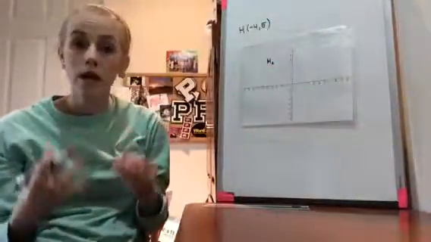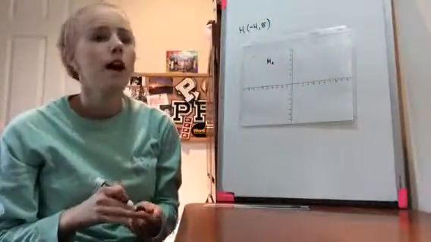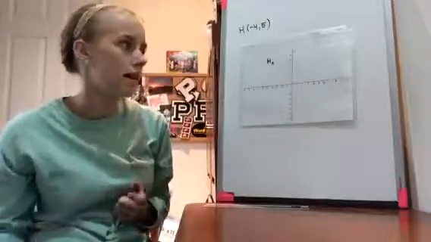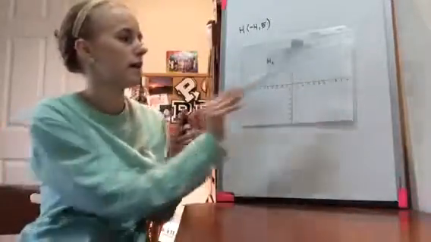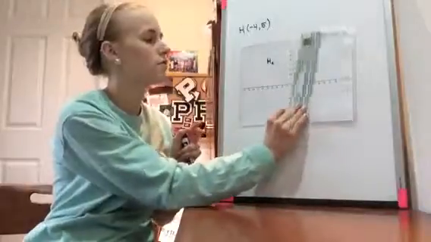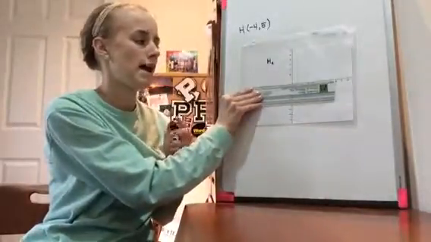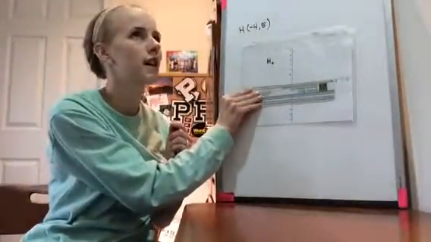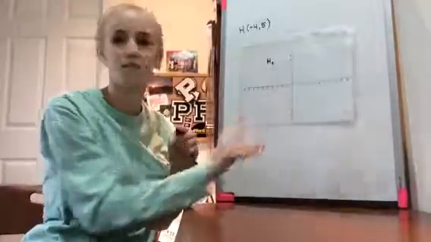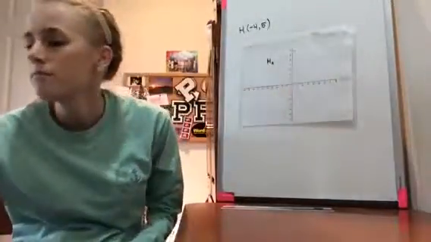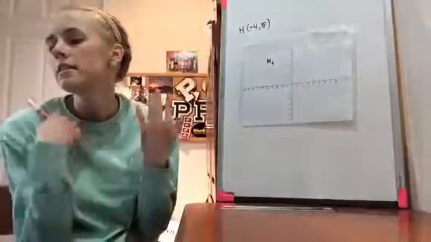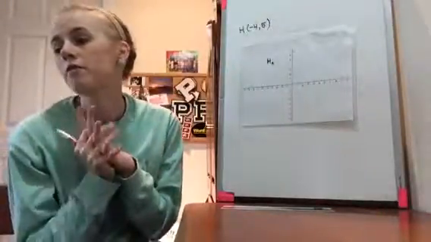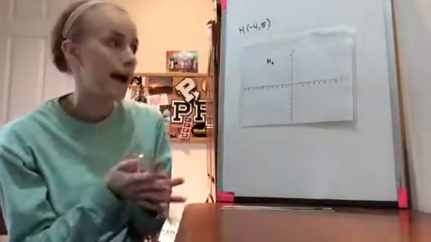All right, with a reflection then, I need some line to reflect it over, whether it's a horizontal, a vertical, or a diagonal. My bad. So it says graph this image reflected over the y-axis.